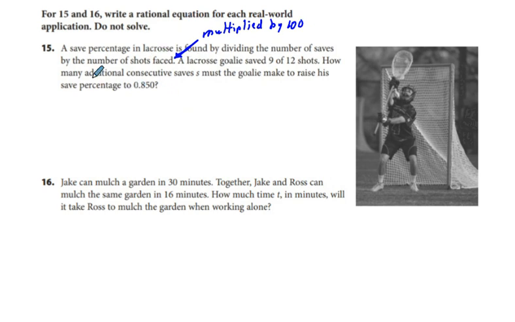And then it asks how many additional consecutive saves must the goalie make to raise his save percentage to .85? Well, how about 85%? Save percentage to 85%. That's what it should say, because 0.85 is not a percentage number. So just some criticism with the wording of the problem.